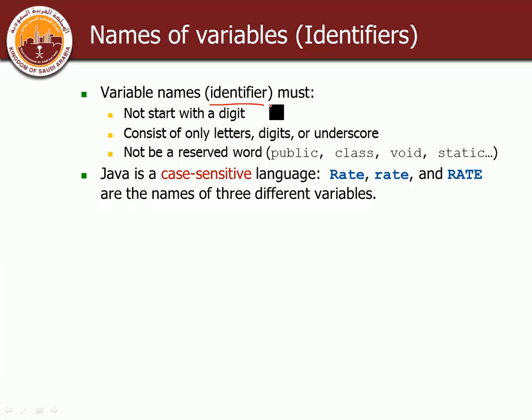So there are some conditions that I need to put on the variable names, and these are the conditions. It should not start with a number. It should consist only of letters, digits, numbers, or underscore. You know the underscore?